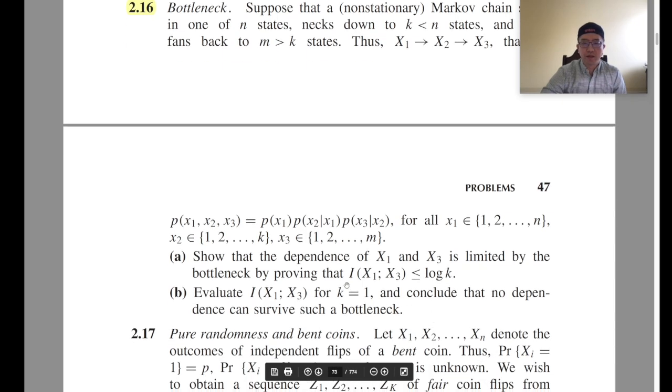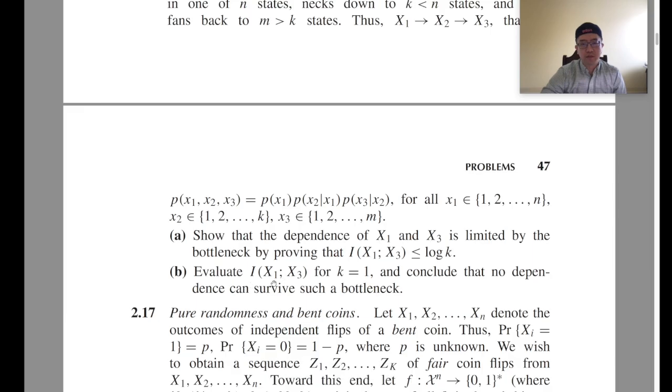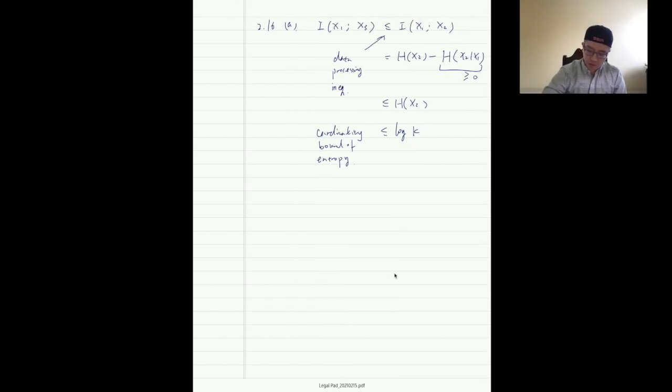Next, it asks us to evaluate this mutual information in case 1 and conclude that no dependence can survive such a bottleneck. So part B: this means the mutual information between x1 and x3 is less than or equal to log k, where if k is 1, we have log 1, that is 0, right?